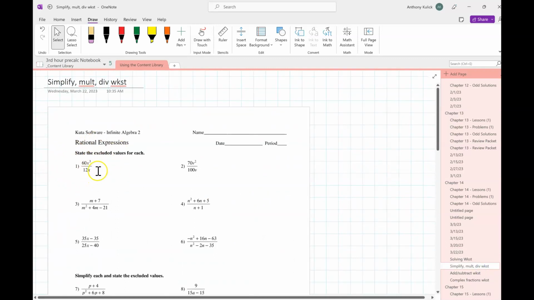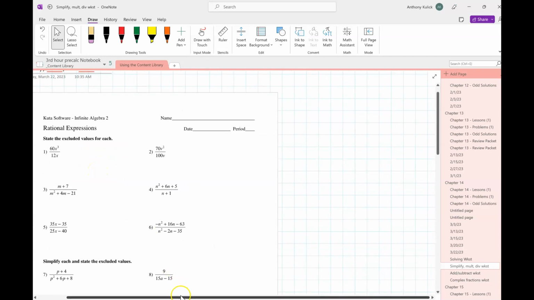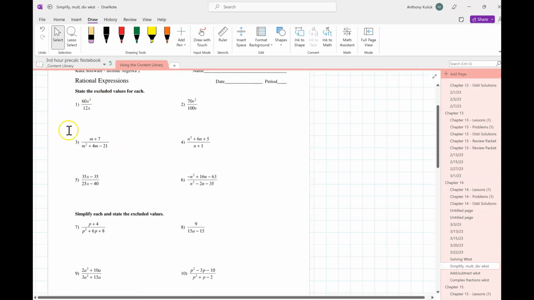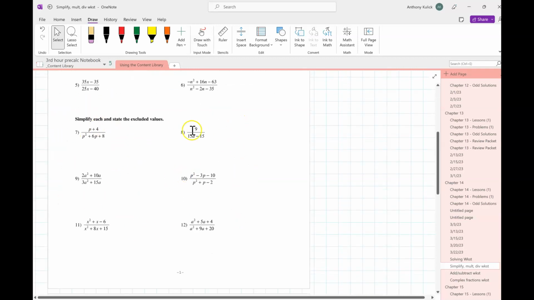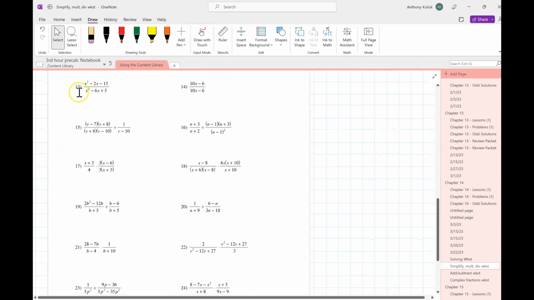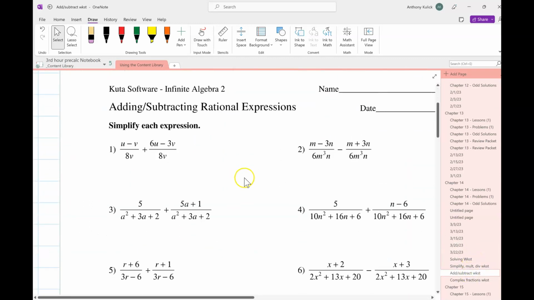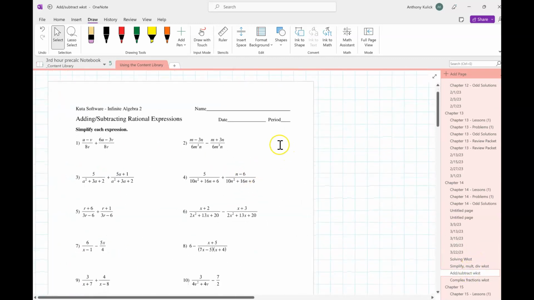So this first sheet in OneNote, I have some simplifying problems, some multiplying and dividing problems, and I have some add and subtracting problems.